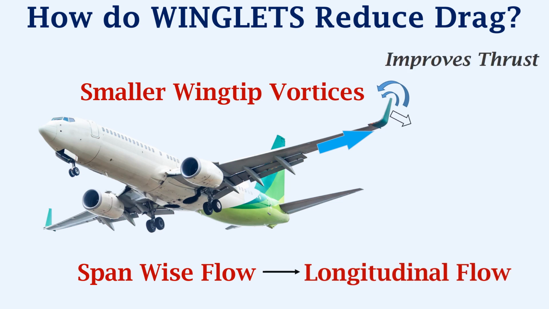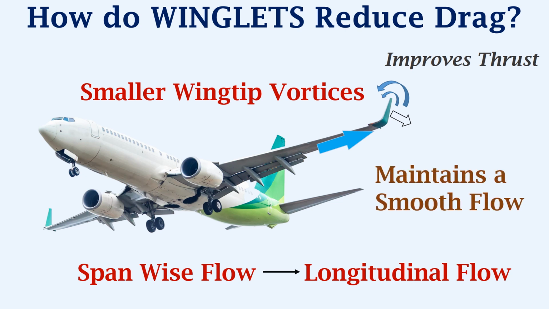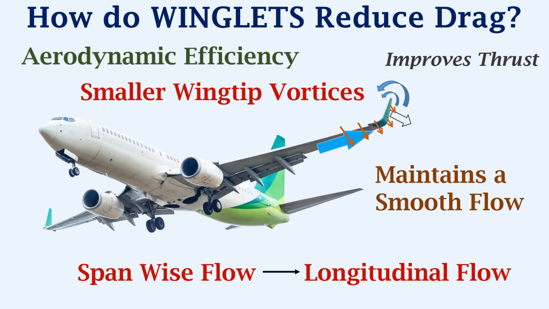This improves the overall thrust force on the aircraft. The winglets also maintain a smooth laminar flow at the wingtips, which will improve the lift and reduce the drag. All these factors will improve the aerodynamic efficiency of the aircraft.